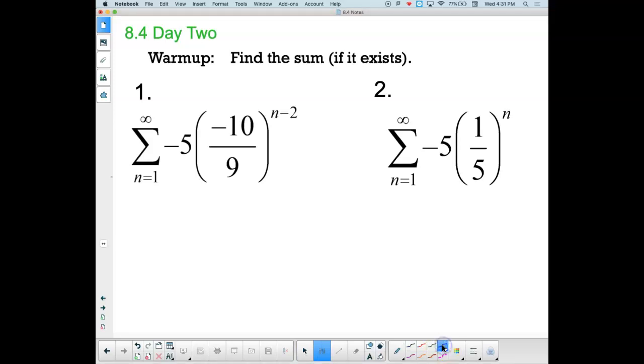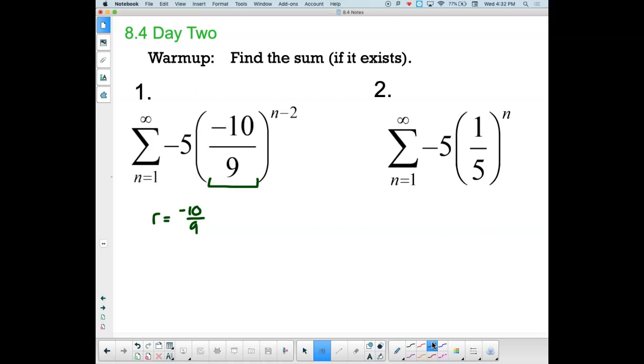The first thing that we need is to look at our R value. If our R value is greater than 1, then no sum exists. This R value here would be negative 10 over 9, and that is bigger than 1.